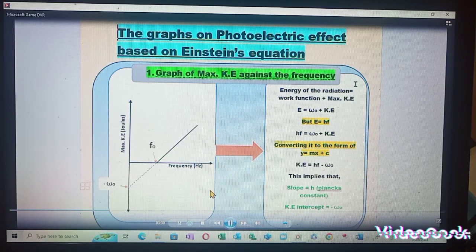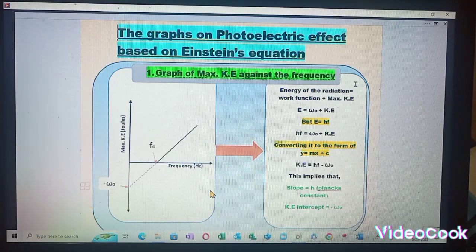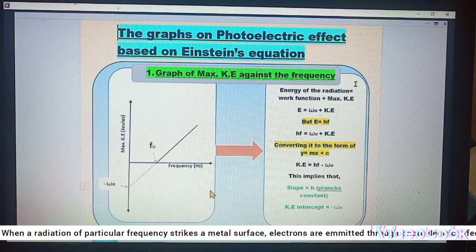Remember, when we are talking about the photoelectric effect, we are simply saying that when a radiation of a particular frequency strikes a metal surface, it is able to dislodge electrons from the metal surface through the photoelectric effect.